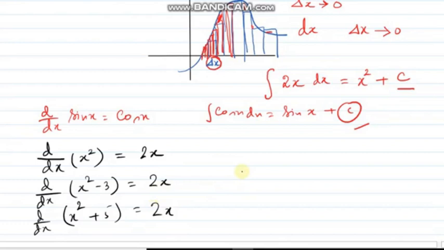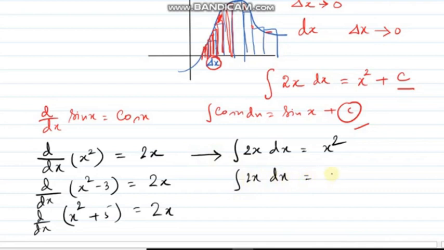Integration is the reverse operation of differentiation. Now if I integrate 2x dx, I will get x square. Integrate 2x dx, x square minus 3. Integrate 2x dx, x square plus 5. Three different answers are coming for the integration of 2x dx.